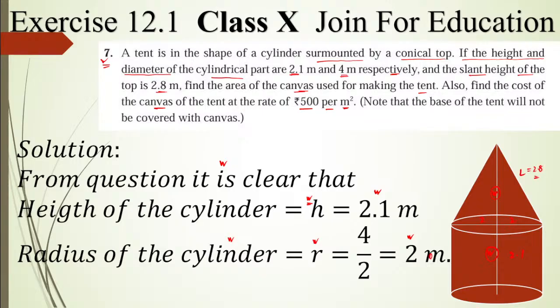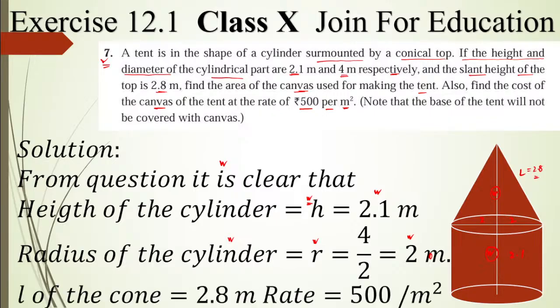Is there any problem to understand up to this step? Therefore, slant height of the cone from the question is 2.8 meter, and rate of the canvas is rupees 500 per meter square. Is there any problem to understand up to this step?